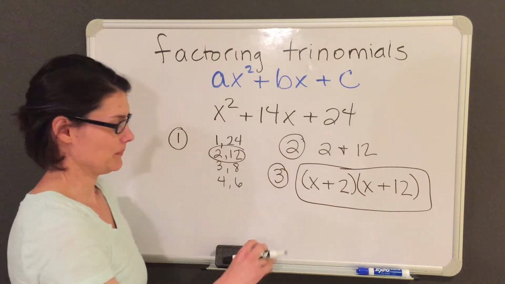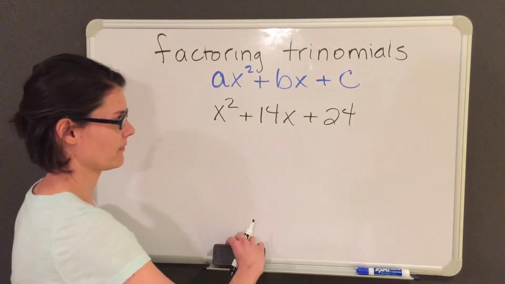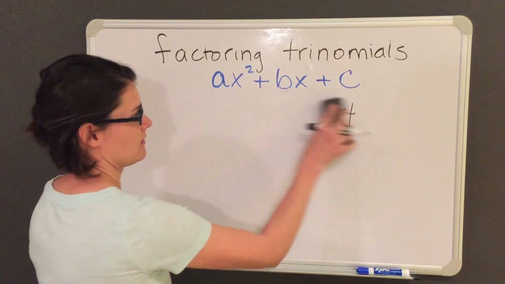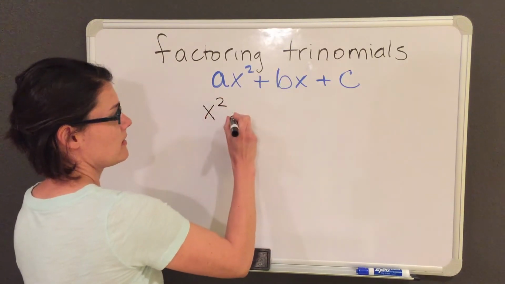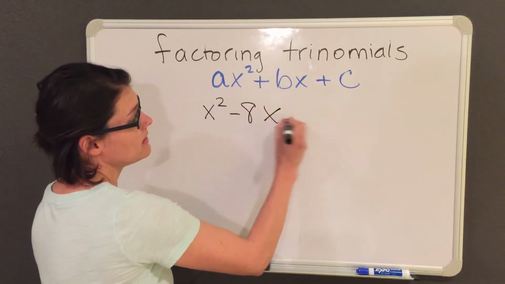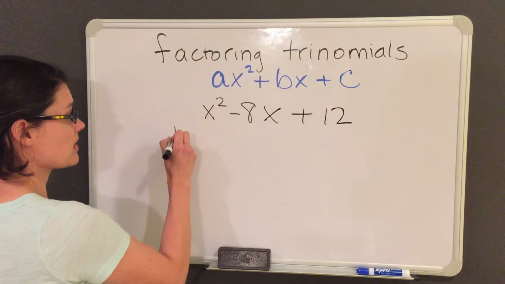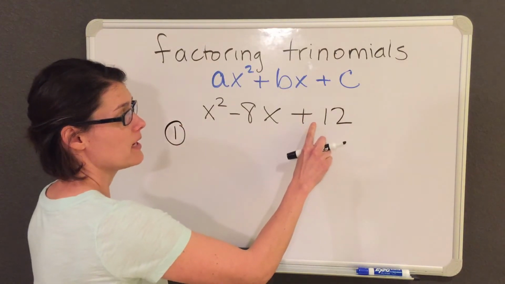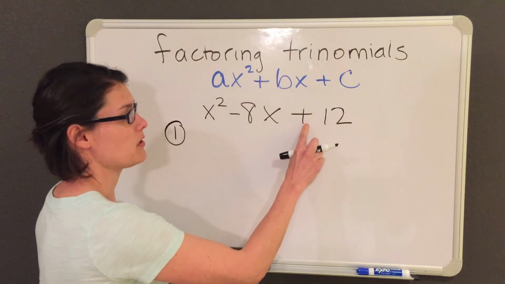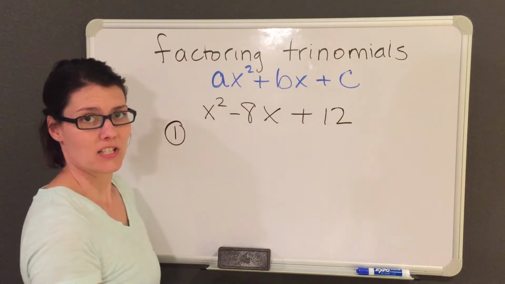Let's do another example. x squared minus 8x plus 12. So let's start with step 1. Again, I want to have the factors that multiply to give you positive 12. There are again 2 ways to get a positive number.